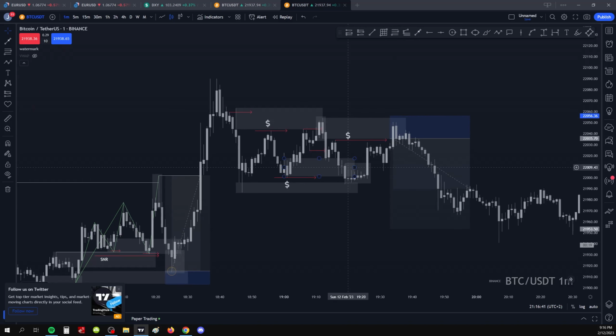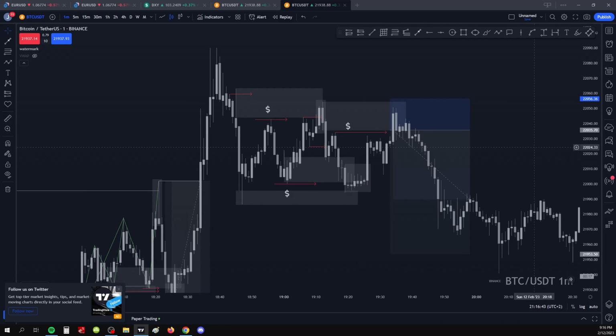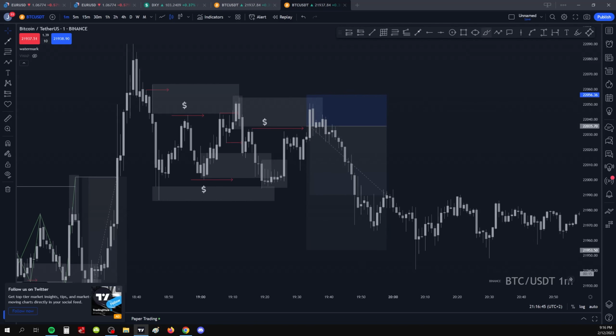You see how many wicks there are. It's always like that. It breaks, it creates liquidity, it comes up, creates this high as an inducement, as this high. That's also an inducement. It's just like equal highs. It's just more liquidity for them to take it out with this huge candle. You know why this is such a huge candle?